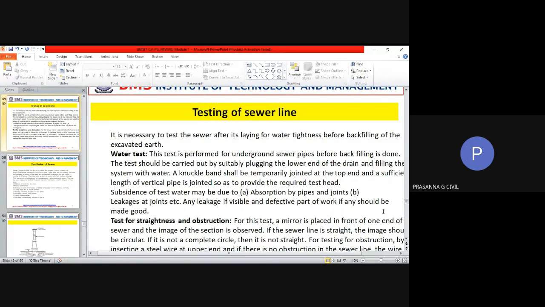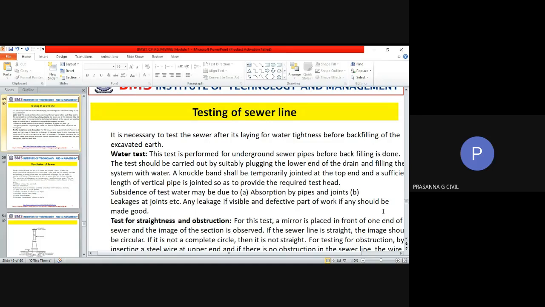Backfilling is done whether you are working on the side of the road or in the center of the road. The depth for any sewer line should be a minimum of 1 meter below the ground. If we are talking about a road with very heavy traffic, then your depth should be slightly more than that.